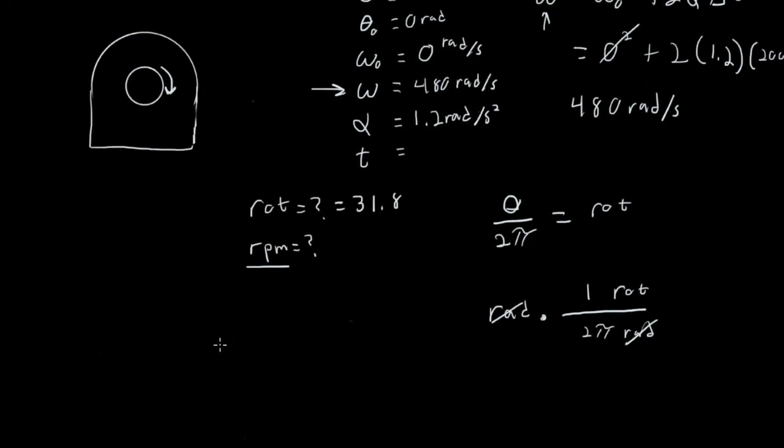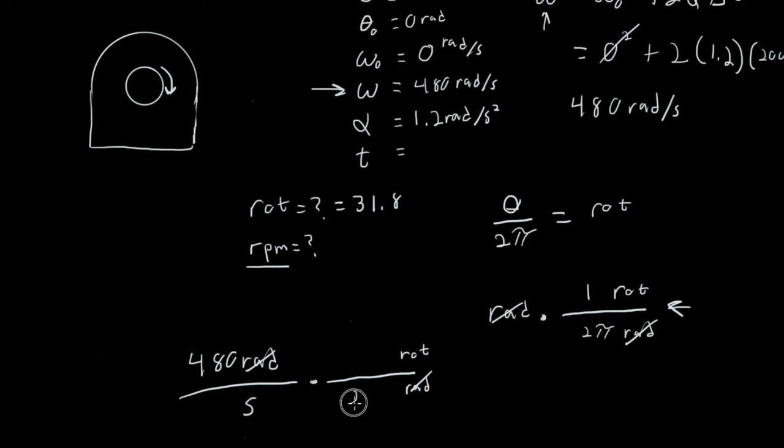And now RPM. I'm going to use dimensional analysis to figure this out. I've got 480 radians per second. I want to go from radians to rotations. Well, conveniently, that's going to be the same thing I do here. I'm going to go from radians to rotations, getting rid of my radians, and there's 2 pi radians in one rotation.